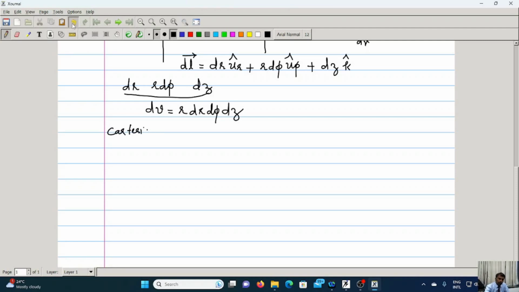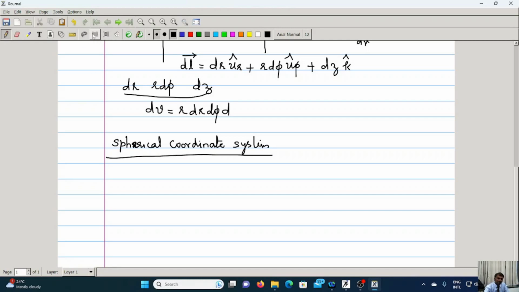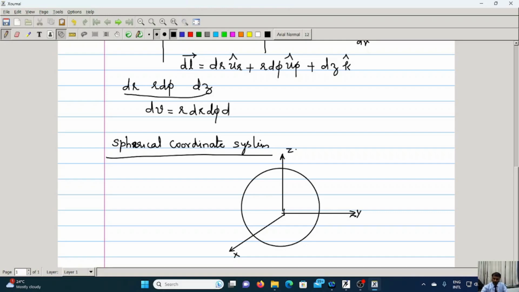Then we can move to the spherical coordinate system. In the spherical coordinate system, we have the x-axis, y-axis and z-axis.